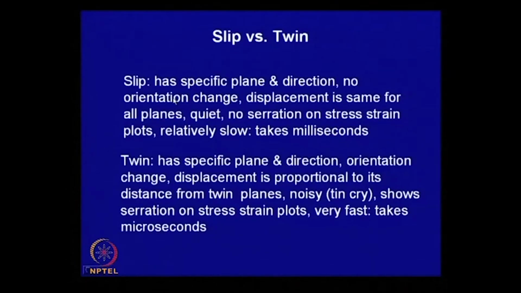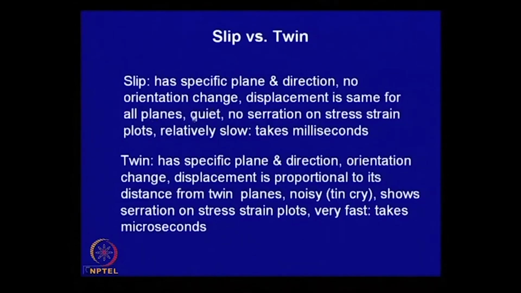The orientation of the crystal on either side of the slip plane is exactly the same, whereas in twin the orientation on either side is different, although related, one is a mirror image of the other. Then displacement in a twin is proportional to the distance of a particular plane from the twin plane, whereas in slip the displacement is the same for all planes.